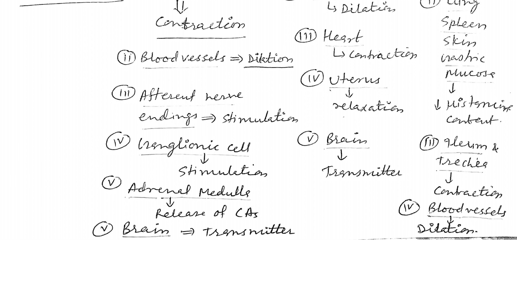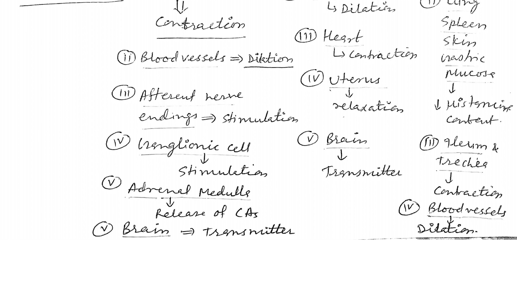Another organ is the ganglionic cells. The ganglionic cells are present in the nerve endings or nerve cells, and a similar action is exerted, that is stimulation. Then another is the adrenal medulla, the adrenal gland. The adrenal gland has two parts, the adrenal medulla and the adrenal cortex.